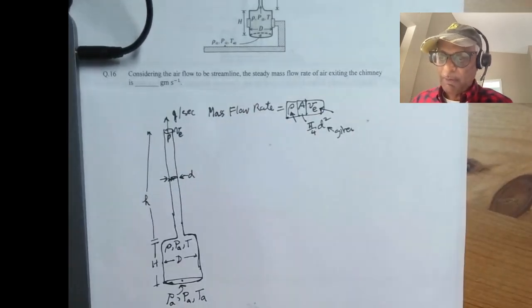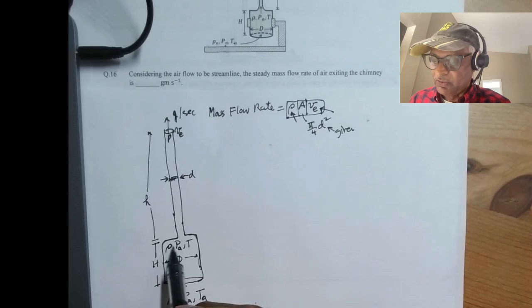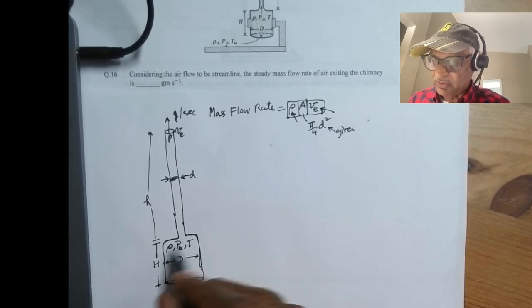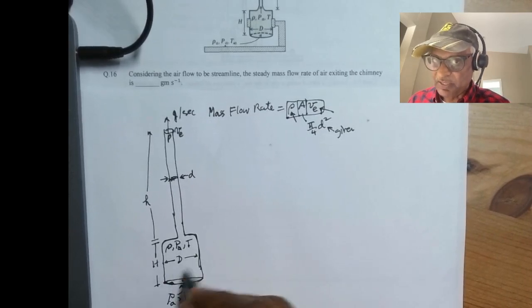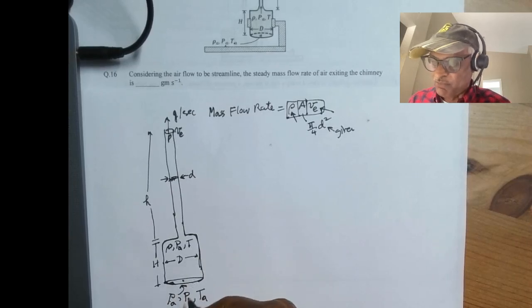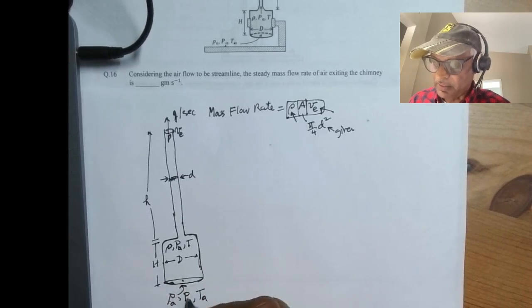How do I find rho? It says that from this state to this state, this expansion or heating happens at constant pressure.